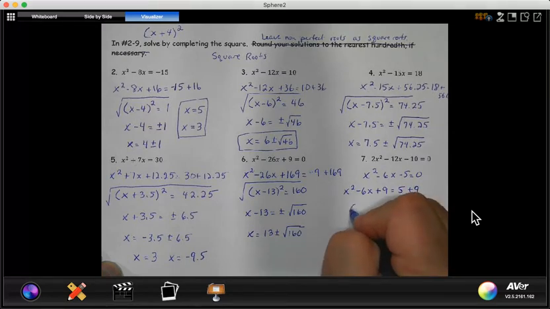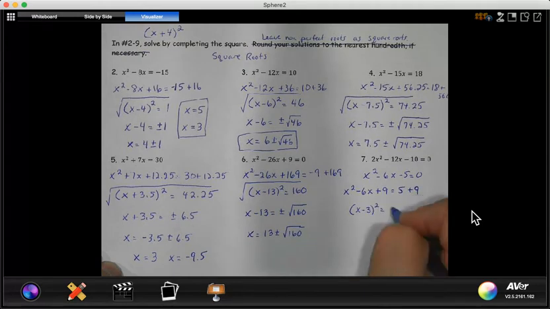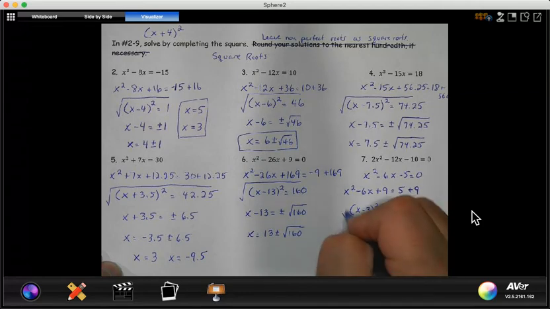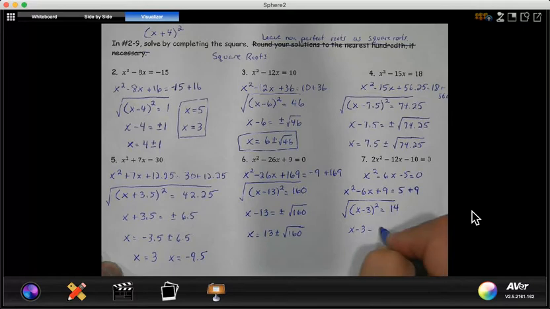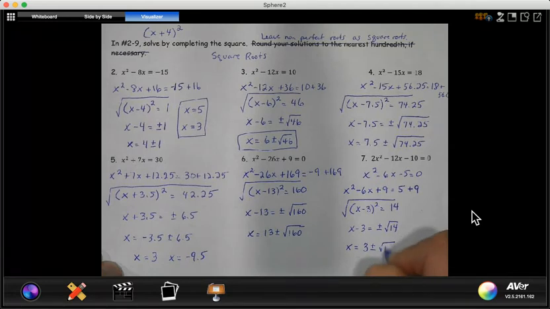So factor the left, that's x minus 3 squared. It's equal to 14. Square root both sides, and I get x minus 3 is equal to plus or minus the square root of 14. Pretty sure the square root of 14 is not perfect, so we're just going to add 3 and get our goofy looking answer: 3 plus or minus root 14.